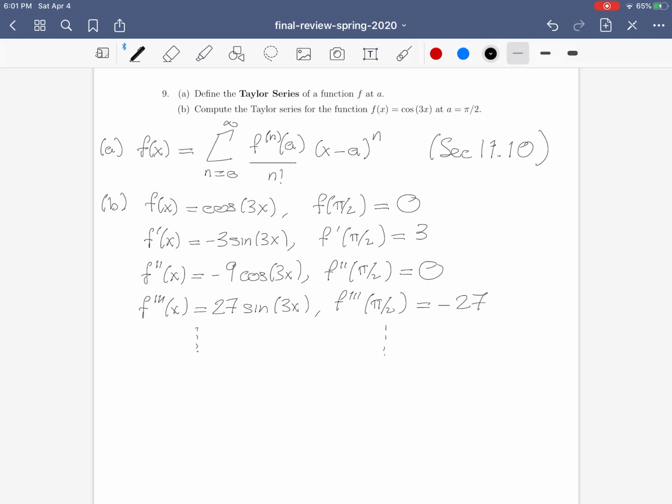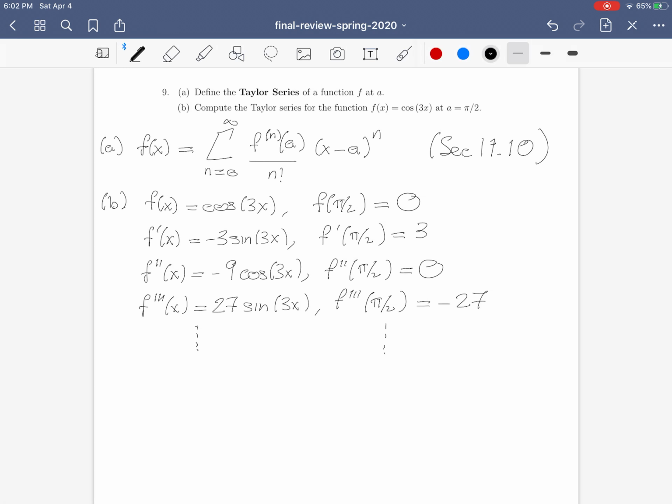And so what we do now is we try and work out a general formula for the nth derivative. And so in general, what we see here is that, first of all, the even derivatives are all 0. Okay? So the even derivatives are all going to reduce to some constant times by cosine of 3 pi by 2, which is always 0.